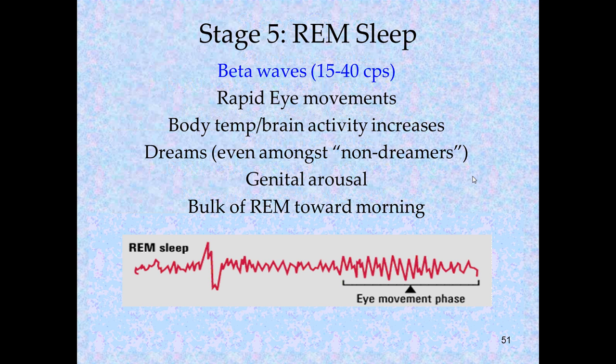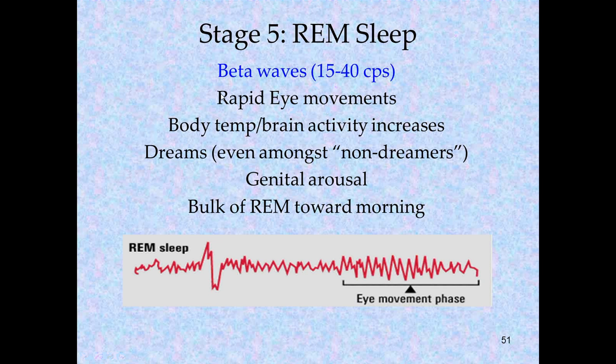Now, we also have REM sleep. REM sleep stands for rapid eye movement sleep. Researchers found that at certain times during the night, the person's eyes would begin to dart back and forth as if they were watching a movie, eyelids closed.